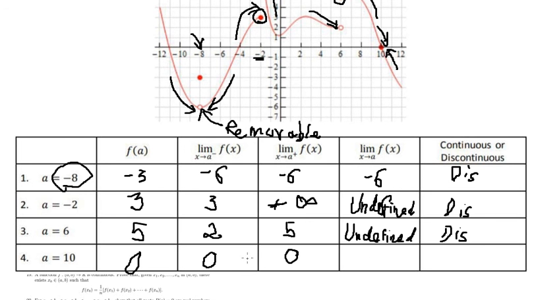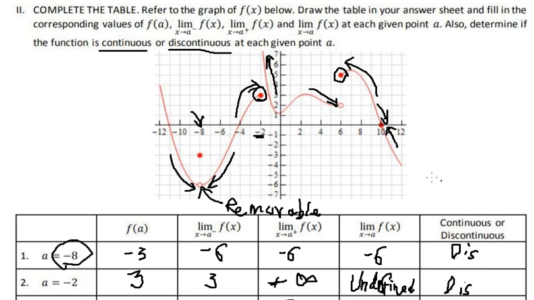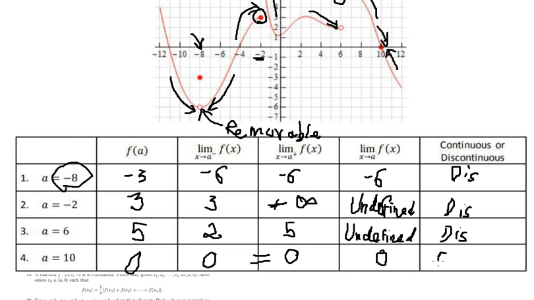We have the same value in here, 0 and 0, so the limit should be about 0. As you can see, we have the red dot, it means they are continuous in here, so we write continuous.